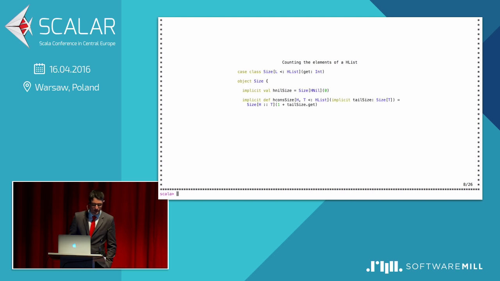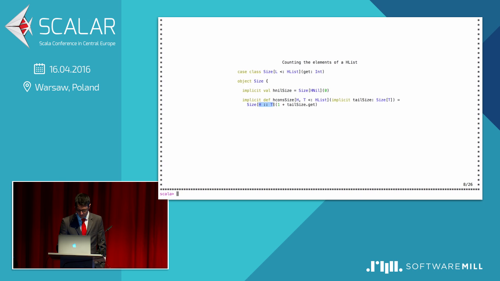And then we say if our list is not empty, and if its head type is H and its tail type is T, and if we are able to compute the size of the tail, then the size of the whole HList, H :: T here, is simply 1 plus the size of the tail.